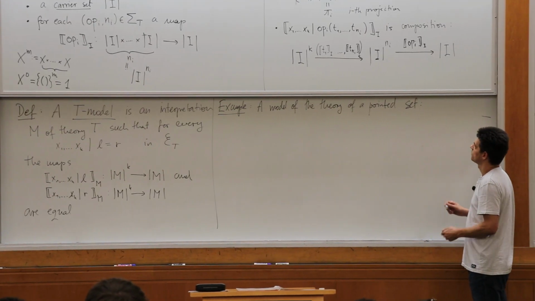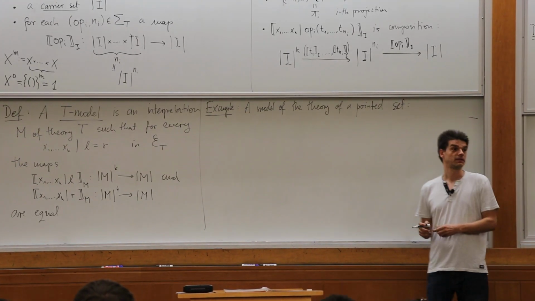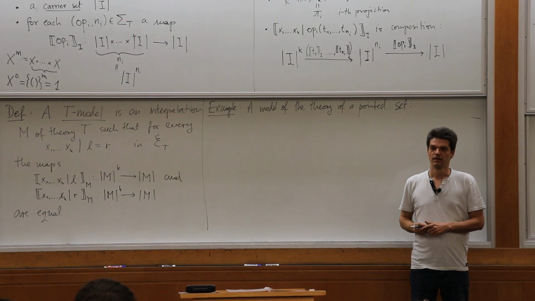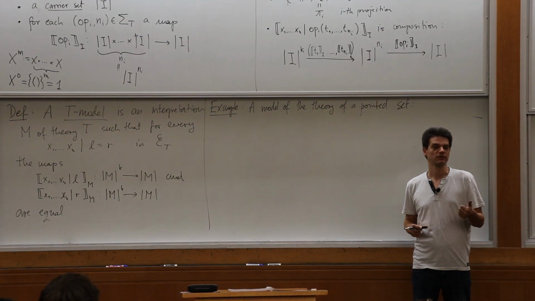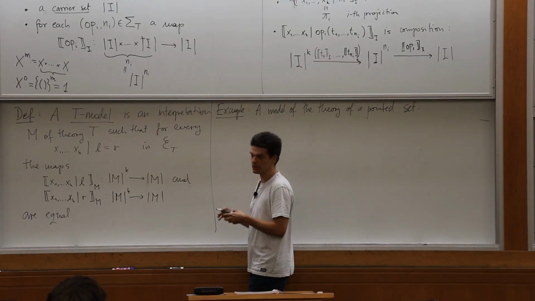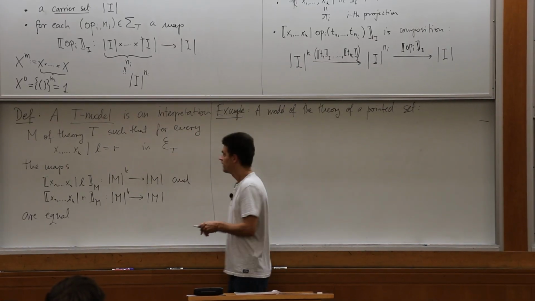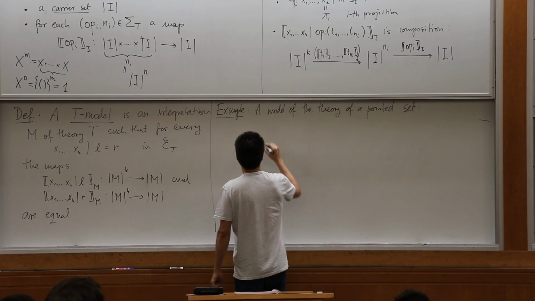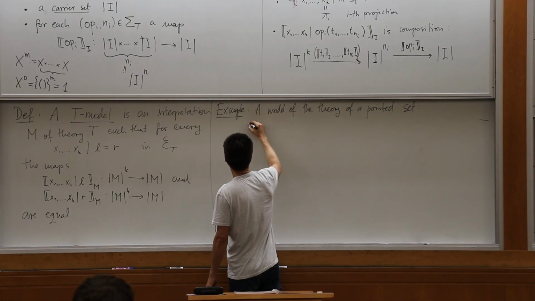So what is a model of the theory of a pointed set? So what was the theory of a pointed set? It just had one constant and no equations, so that's going to be really simple, okay? Because there are no equations, we can forget about this last part. And so what you need is, it's given by what? Well, a carrier set.